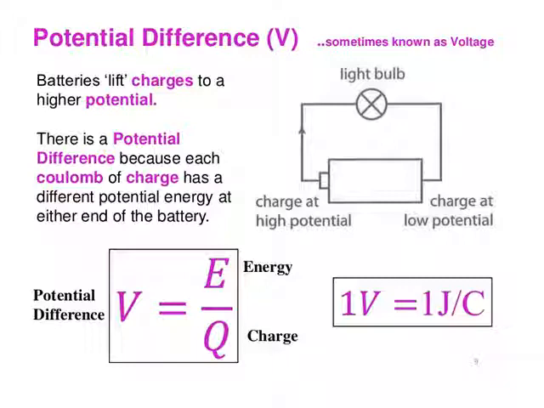So V is equal to E by Q is the next formula that you are coming to know, where V is the potential difference, E is the energy, and Q is the charge. When you look at the SI units, potential difference is in volts, energy is expressed in joules, and charge is expressed in coulombs.